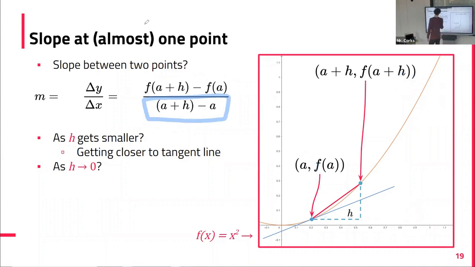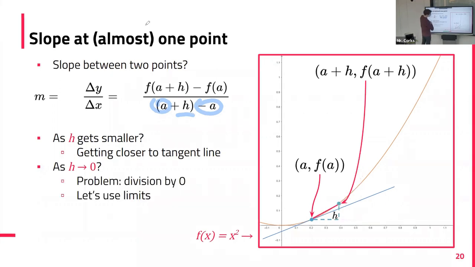Yeah, so like we have a minus a, so those obviously just cancel out, those are gone. The bottom is just h, so if h is 0, we're dividing by 0, math problem, we can't do it. So we're going to use limits again to just get around that little inconvenience.